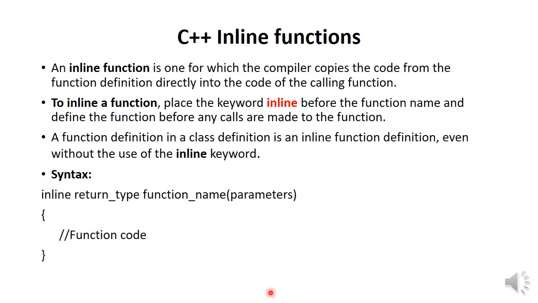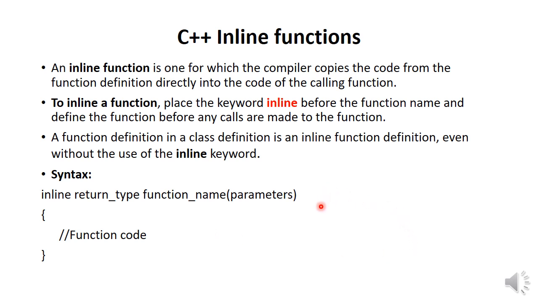So this is the syntax of inline function definition: we have the inline keyword, which is followed by the return type of the function and the function name containing some parameters, and here we have the function body. The first line is called the function header, and this is called the body of the function.